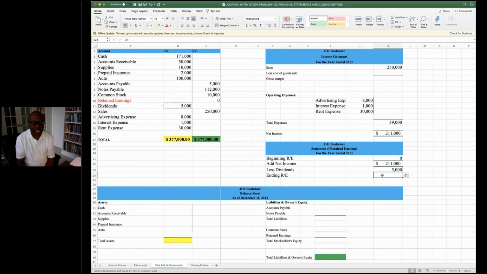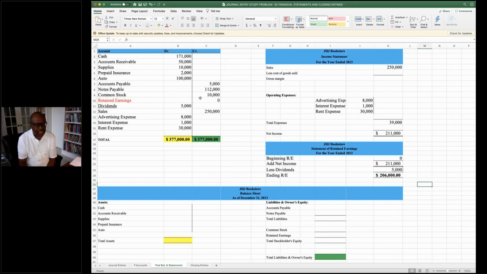We're going to subtract that. And so the amount of the net income that stayed in the business was how much? 206,000. Now you have a statement of retained earnings done.